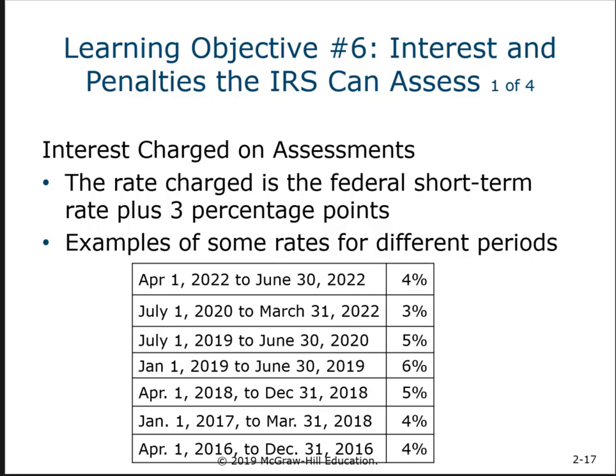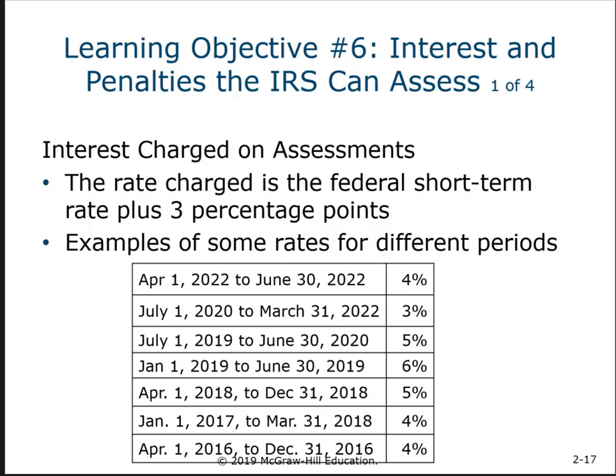Now, if you don't pay what you're supposed to when you're supposed to, all right, then there is interest charged, and that interest is charged whether they determine you didn't pay the right amount at the beginning, based on an audit, or whether you didn't pay in when you were supposed to.